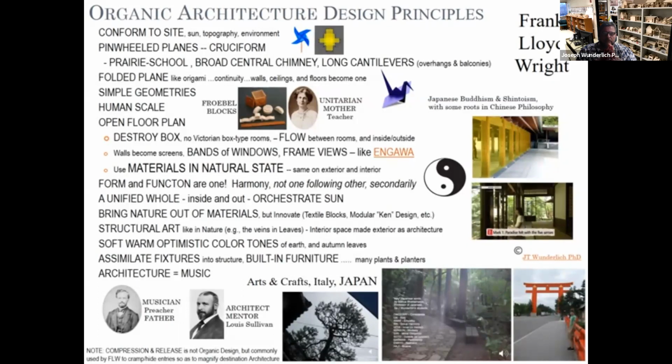So this is conform to the site is the first principle: sun, topography, environment. Pinwheel planes, the cruciform, the Prairie School certainly uses that, around a broad central chimney with long cantilevers, overhangs, and balconies.